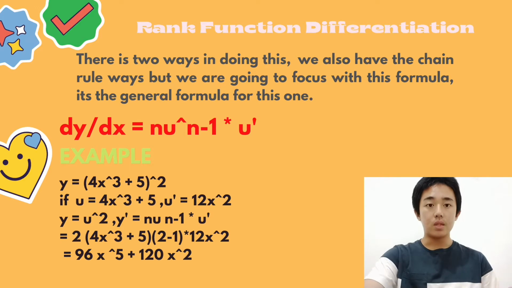So 2 minus 1 means 1, and we multiply it with 12x squared, and we get the answer: 96x to the power of 5 plus 120x squared.